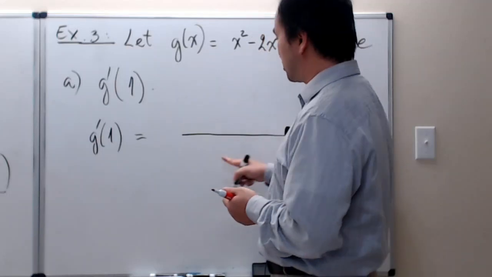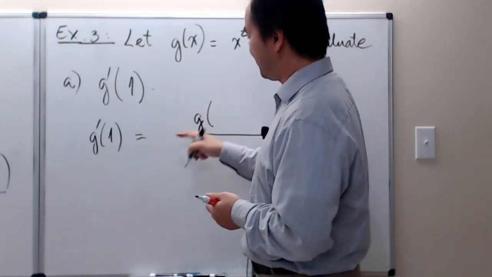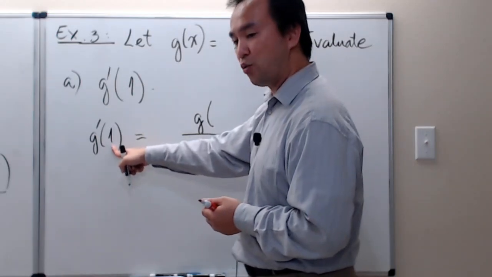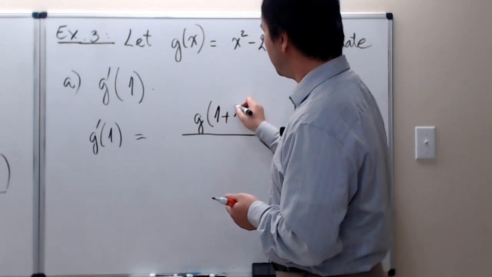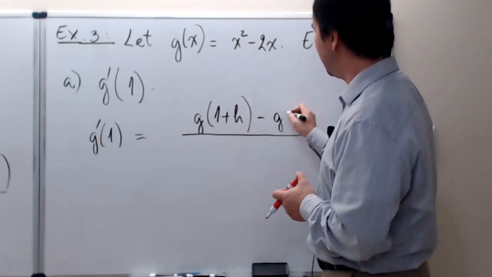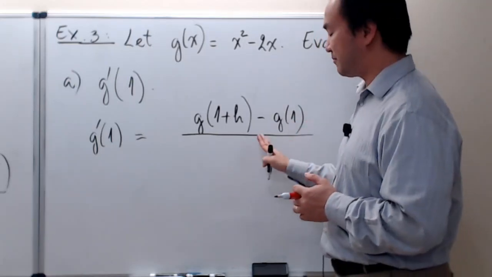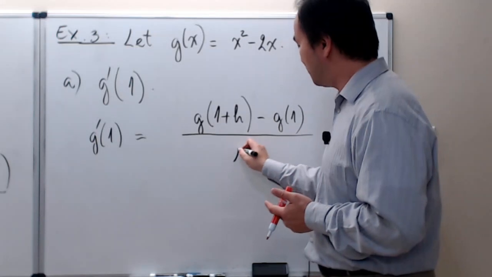The function is now g instead of f of x. Our input value here is 1, so we have to use g at 1 plus h minus g at 1. I'm slowly constructing my difference quotient over h.